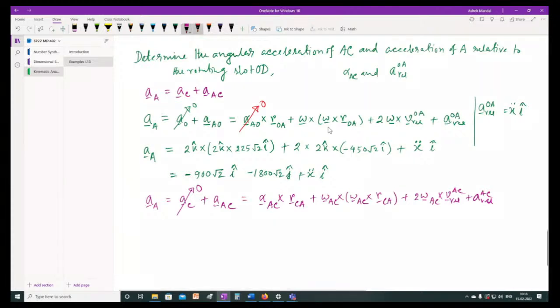These two components are not there. This V relative is 0, A relative is 0, right? But we have all these components present here.